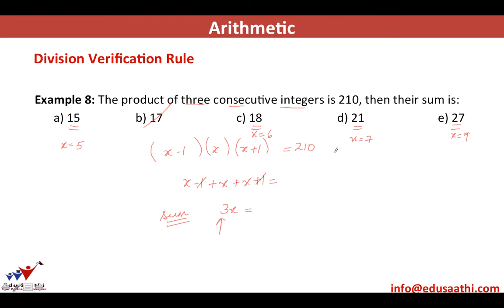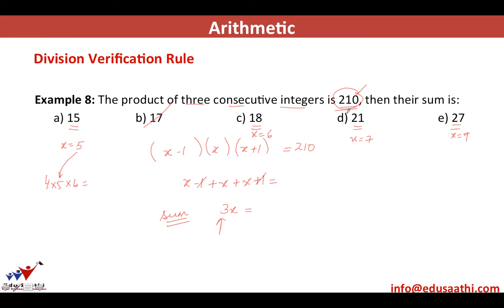Now I'll try to see where I get a product of 210. If I look at the 0 at the end, there has to be a 5. So if I try to form this, it will be 4 into 5 into 6.